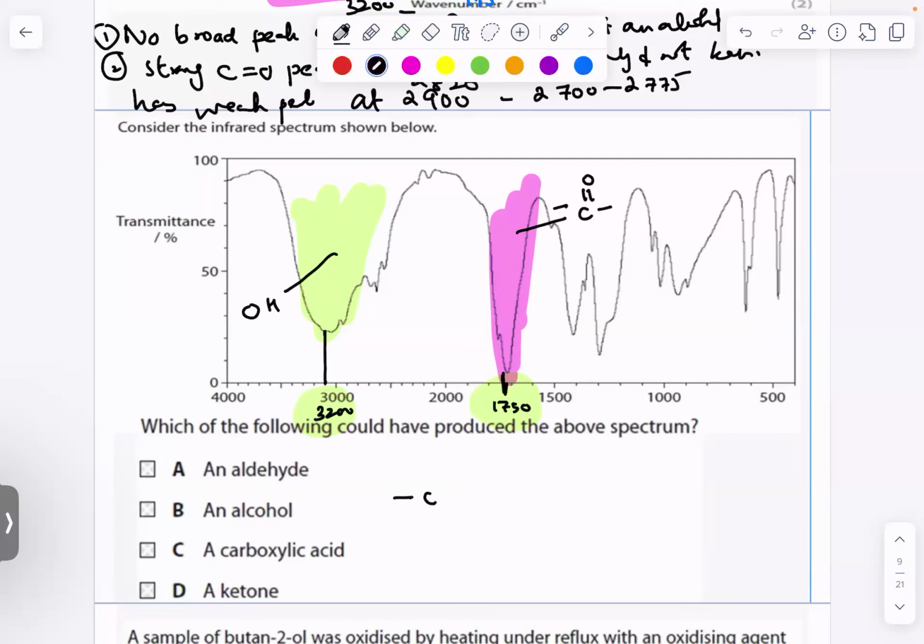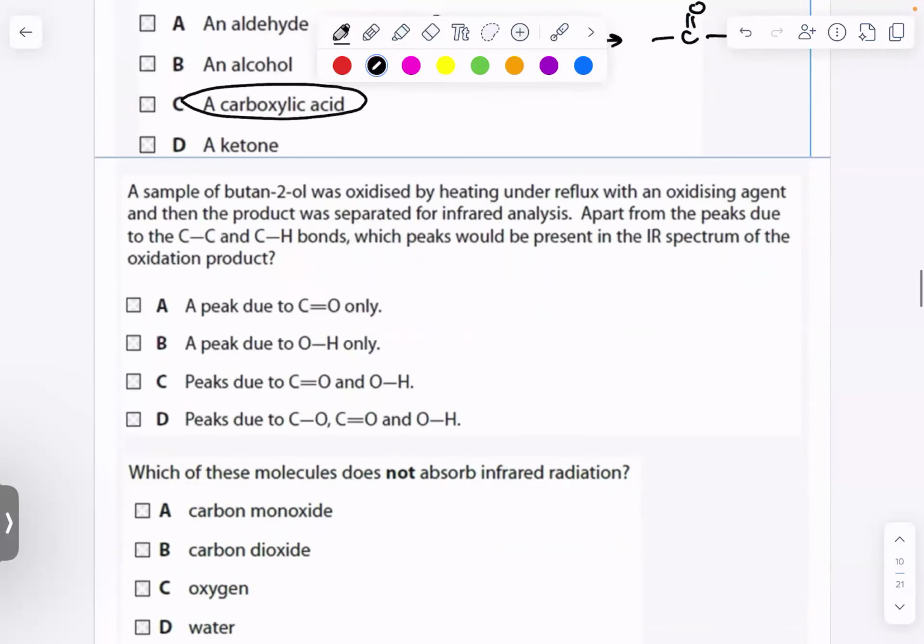So if you add the carbonyl peak plus the alcohol peak, you get a carboxylic acid. I hope you are getting it. So the combination of two is going to produce a carboxylic acid.